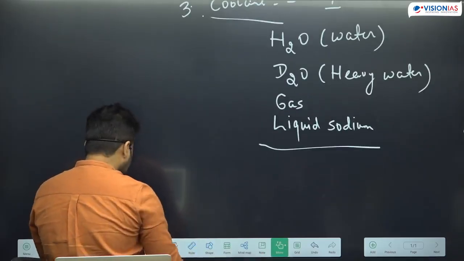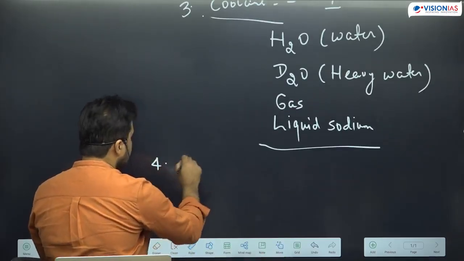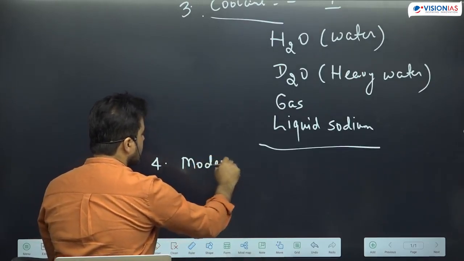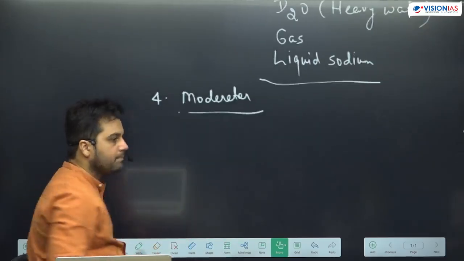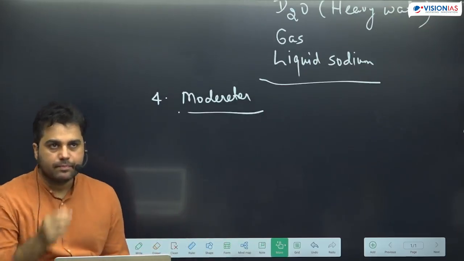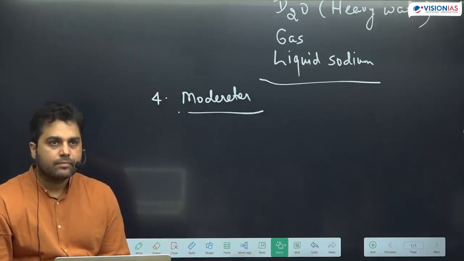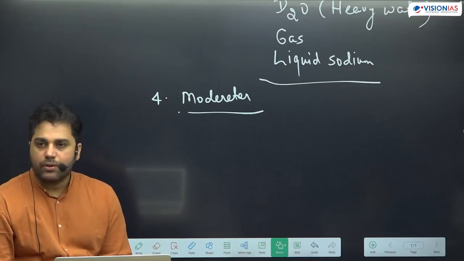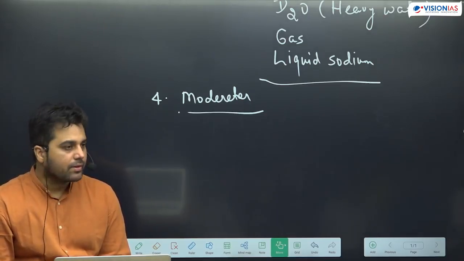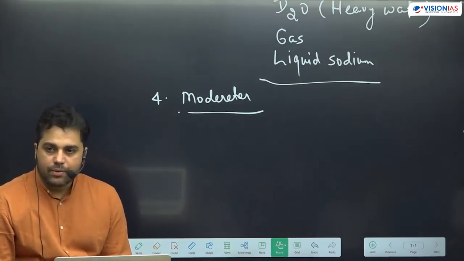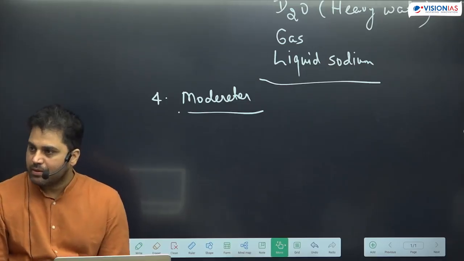And one more component which we should know here is: heavy water does not mean salty water. There is a question: does heavy water mean salty water? Not at all. Heavy water means we're talking about water which is made of deuterium, not hydrogen.